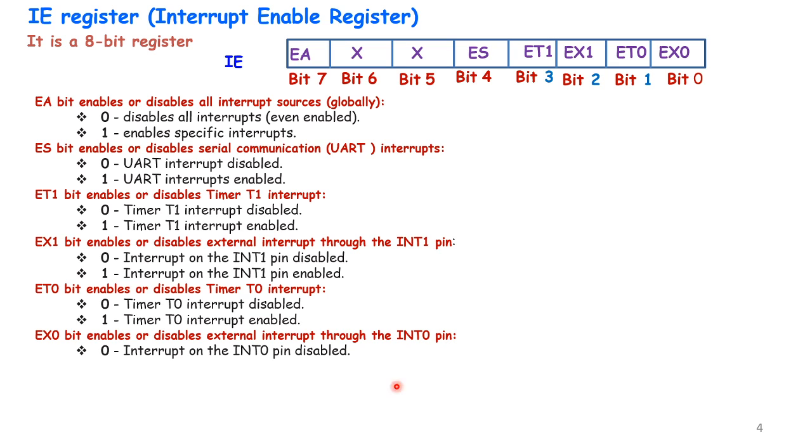When this bit is equal to 0, the interrupt on INT0 is disabled, and when EX0 is equal to 1, this interrupt is enabled. So these are the various interrupts enabled or disabled using the interrupt enable register.